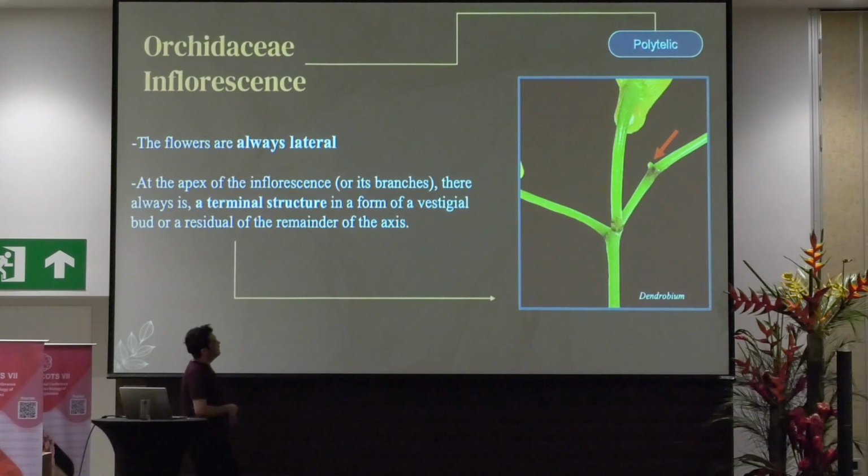So, as you know, orchid inflorescences are of the indeterminate type. It means that at the end of the inflorescence there is never a terminal flower.